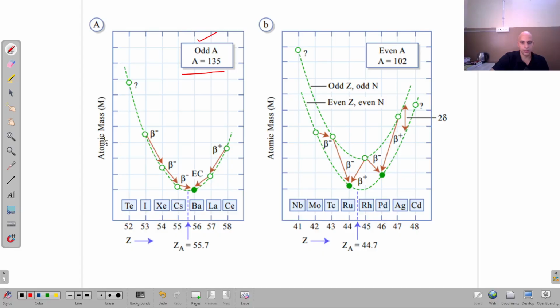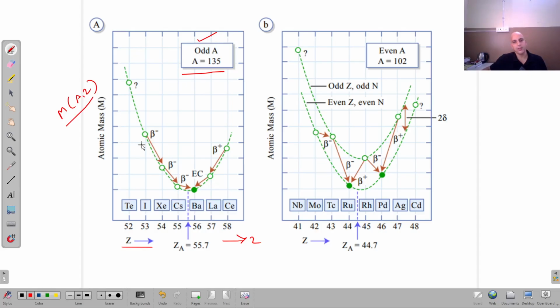It is for the atomic mass M(A,Z) versus Z graph. Toward this side it is written Z, and toward this side we are taking M(A,Z). So this is the parabola that we are getting for odd A nuclei.